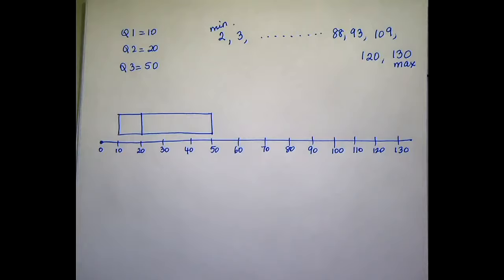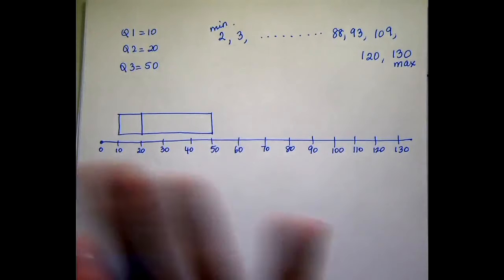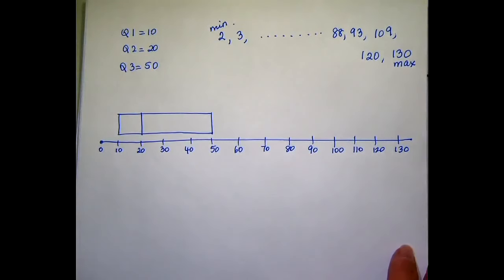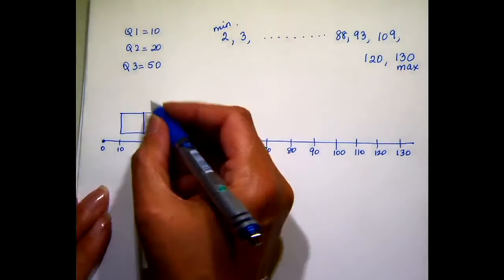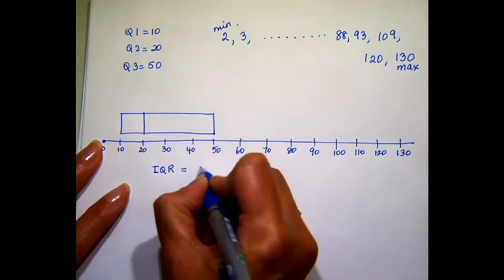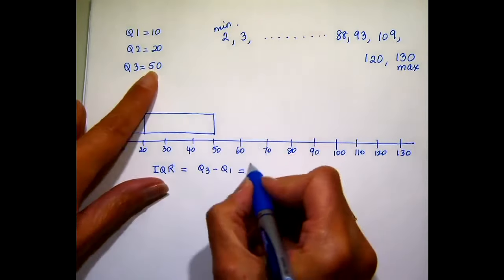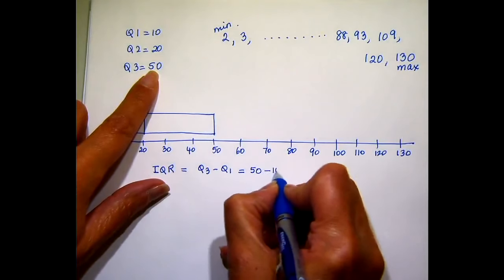In a regular old-fashioned box plot, I would just go to the max on the right and the min on the left, but not for a modified box plot. For a modified box plot, I have to identify where the upper fence is. So first thing I will do is find the interquartile range, which is Q3 minus Q1. In my case, it's 50 minus 10, which is 40.